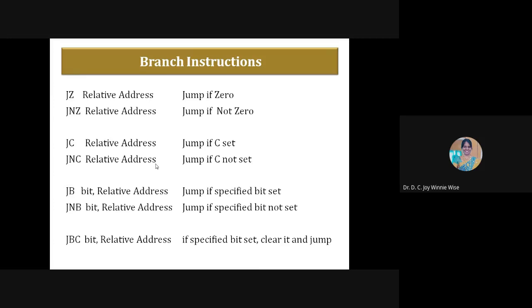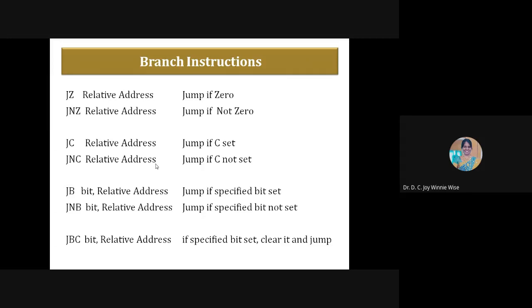Next one is JNB, that is, if the particular bit is not set, we jump to that. Next one is JBC. First we check if the bit is set, then we clear that bit and then jump to that memory location. The last instruction, JBC, is jump if the bit is set, and before jumping we have to clear it and then jump to that memory location.